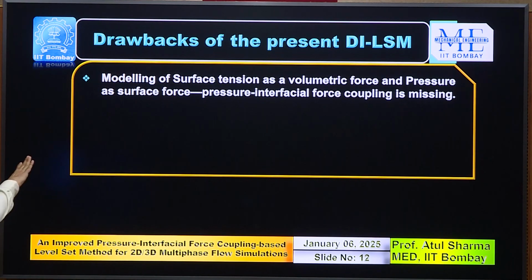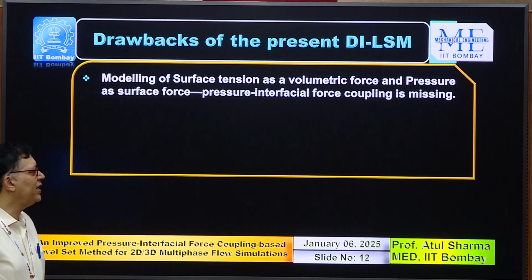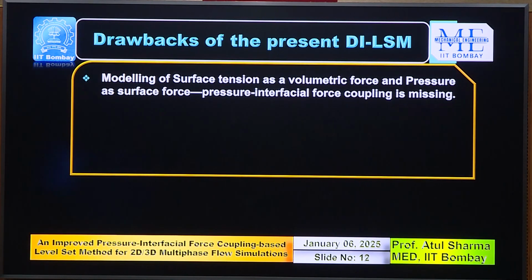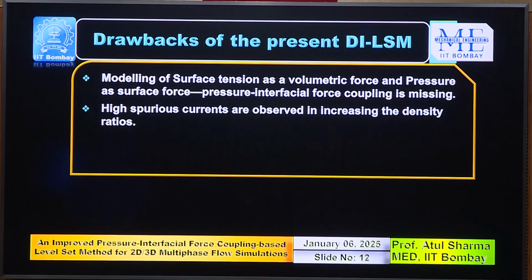We believe that the modeling of surface tension is leading to improper pressure interfacial force coupling, and this is what we have tried to overcome in this method. The present diffuse interface method has been shown to lead to high spurious currents, especially near the interface for high density ratio problems.